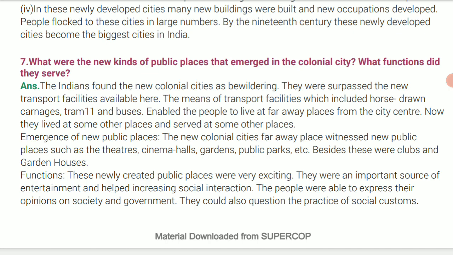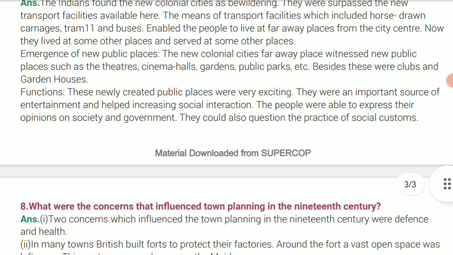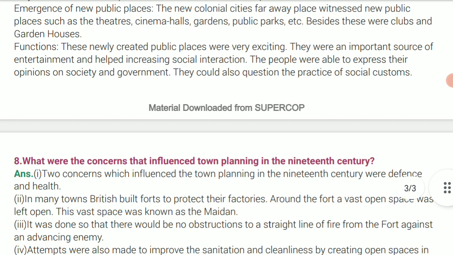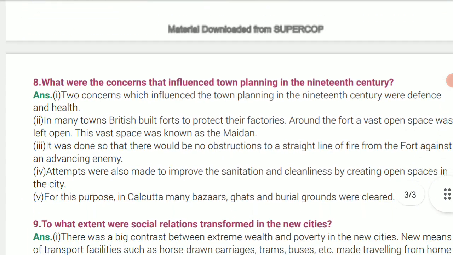Now, the emergence of new public places: the new colonial cities witnessed new public places such as theaters, cinema halls, gardens, public parks, etc. Besides these were clubs and garden houses. These newly created public places were very exciting. They were an important source of entertainment and helped in increasing social interactions. People were able to express their opinions on society and government. They could also question the practice of social customs.